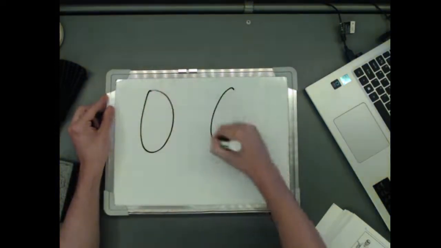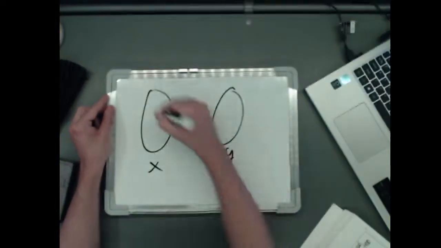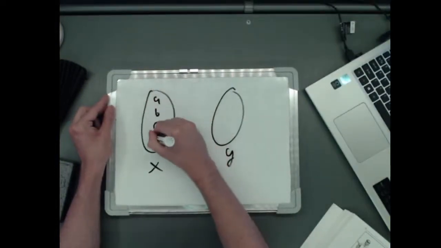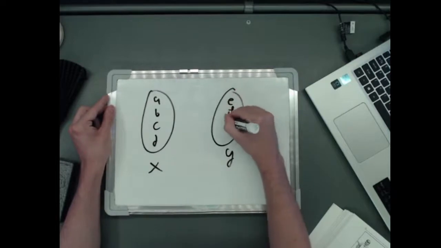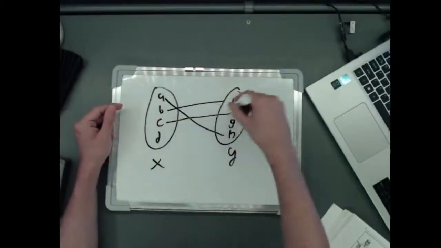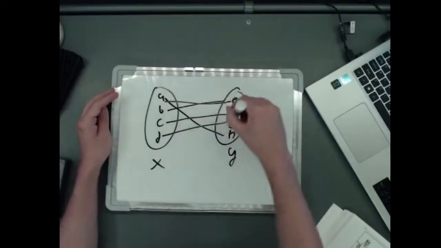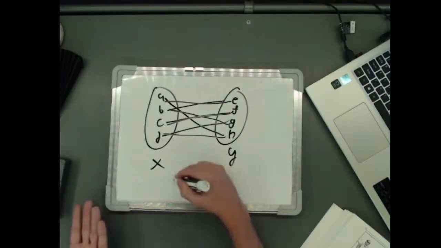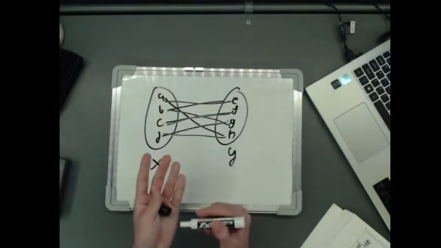It's pretty obvious if we take two finite sets X and Y with elements a, b, c, d, e, f, g, h. If there's an injection f and an injection g, obviously there's a bijection.